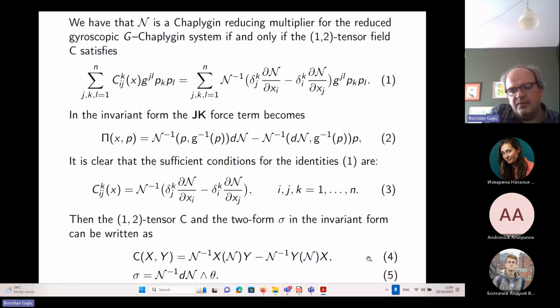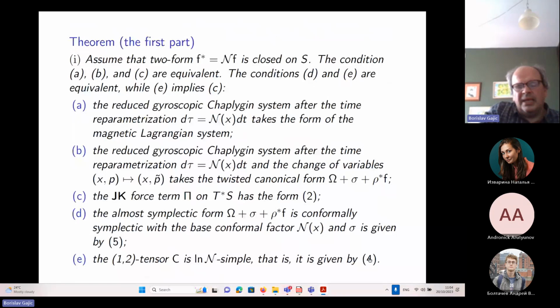What is very important is that when we have a Chaplygin multiplier, then the reduced equations of motion possess an invariant measure, whereas we know that nonholonomic systems in general do not have an invariant measure.